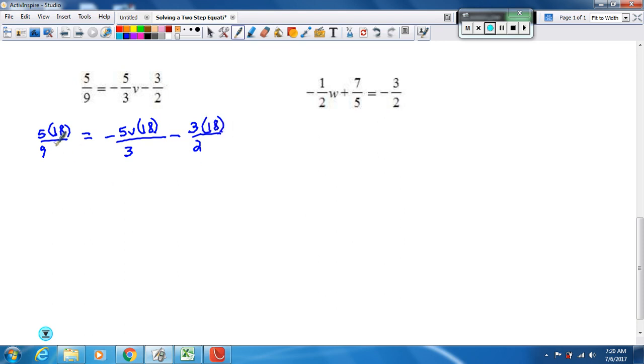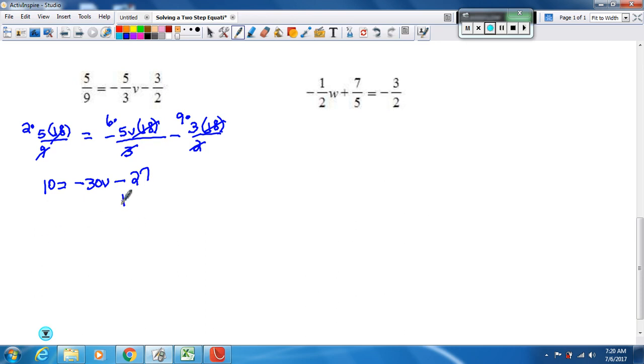Okay, 18 divided by 9 is 2, and 2 times 5 is 10, equals 18 divided by 3 is 6. Oops, sorry, I wrote 3 down. 6 times negative 5v is negative 30v, minus 18 divided by 2 is 9, and 9 times 3 is 27.